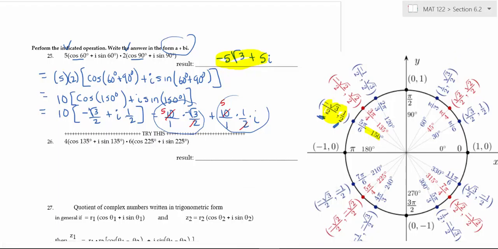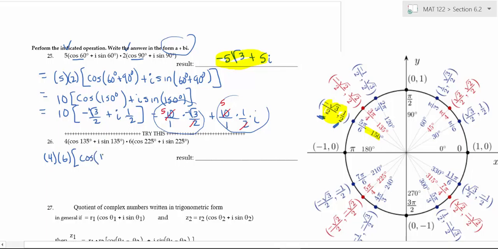Okay, so let's go ahead and pause for a minute here and do the next problem the same way I did that. What you should have done on this, very simple to do, is just multiply the radiuses and add the angles.